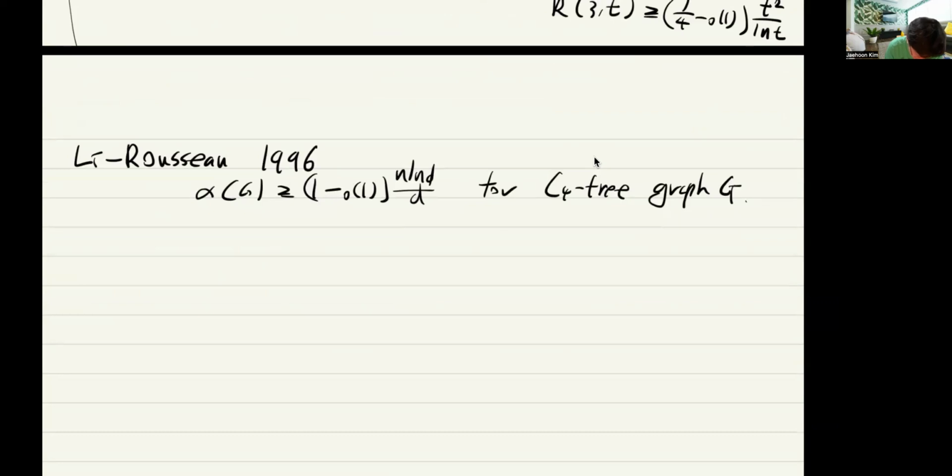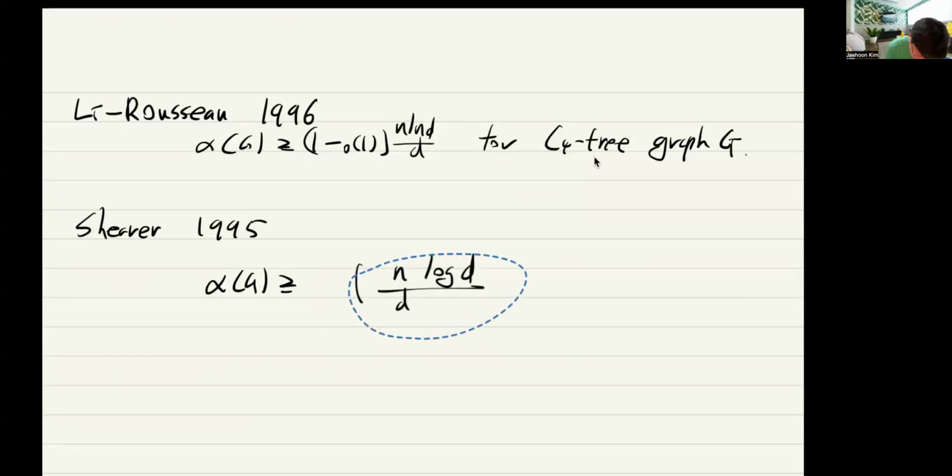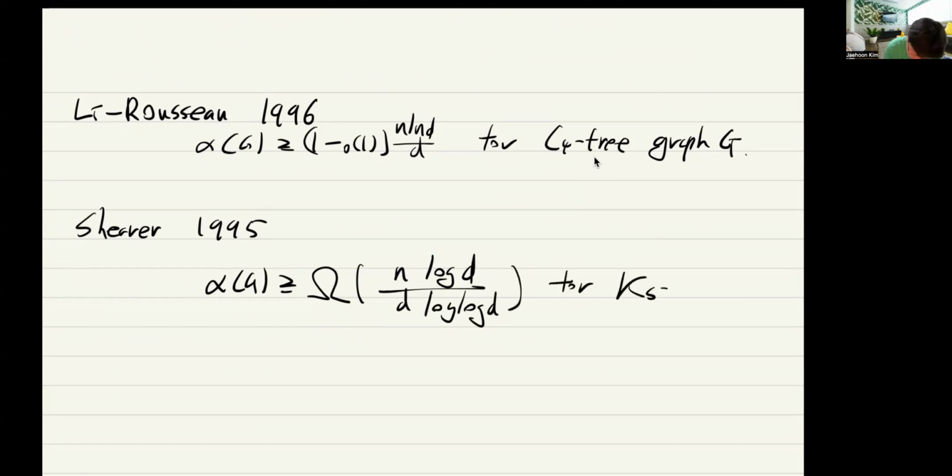And Shearer, again in 1995, proved a slightly worse bound, so there is this additional log d term here, for an arbitrary K_s free graph, of course with average degree d.